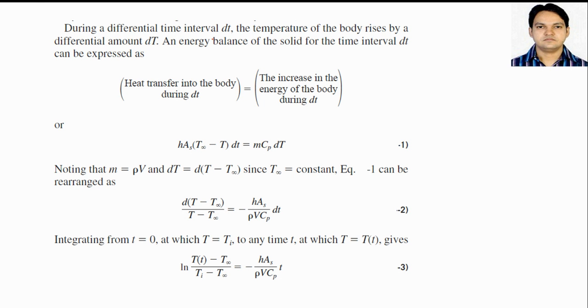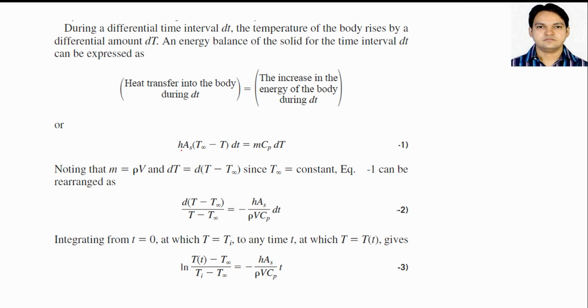During a differential time interval dt, the temperature of the body rises by a differential temperature dT. An energy balance of the solid for the time interval dt can be expressed as: the heat transfer into the body during dt is equal to the increase in the energy of the body during dt.